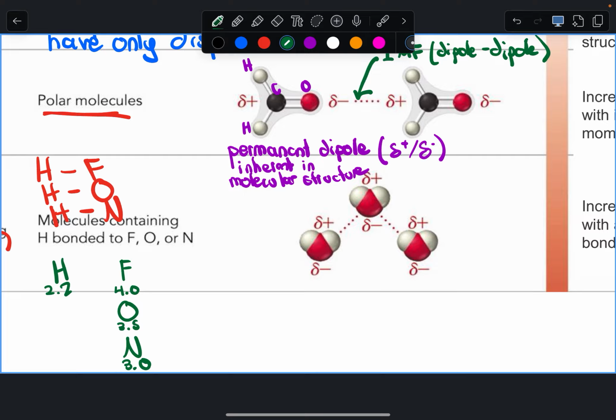That isn't completely the whole story. It does have to do with the size of these atoms as well. These three atoms, along with hydrogen, create a very polar bond, both because of their electronegativity and because they're very small atoms.